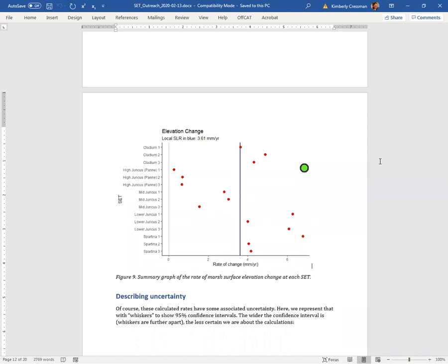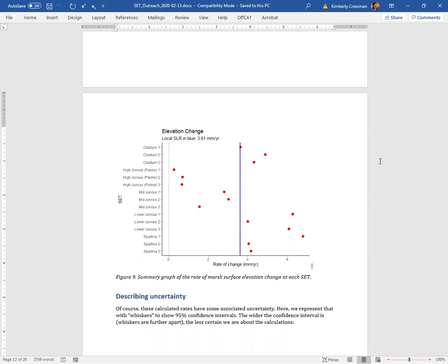Slightly more than half of the surface elevation tables here have a rate of change that's higher than the rate of change of sea level rise. And then these half on the left are not keeping up. It's a bit of an oversimplification for technical audiences, but it can be really useful, especially for education.